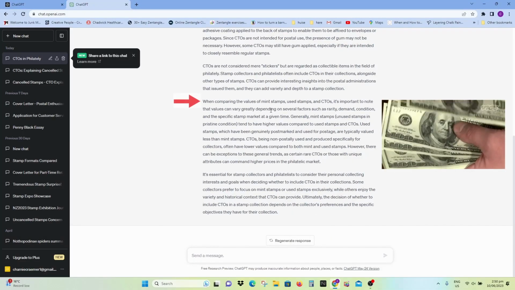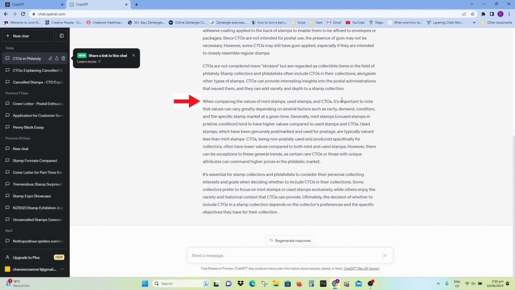When comparing the values of mint stamps, used stamps and CTOs, it's important to note that values can vary greatly depending on several factors such as rarity, demand, condition, and the specific stamp market at a given time. That's a good answer. Generally, mint stamps in pristine condition tend to have higher values compared to used stamps and CTOs.